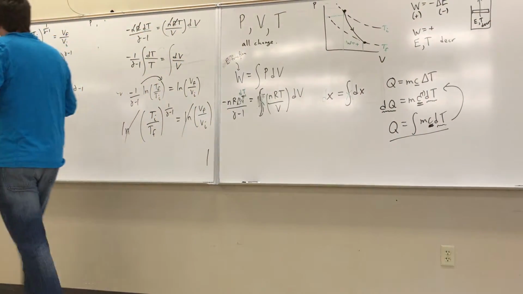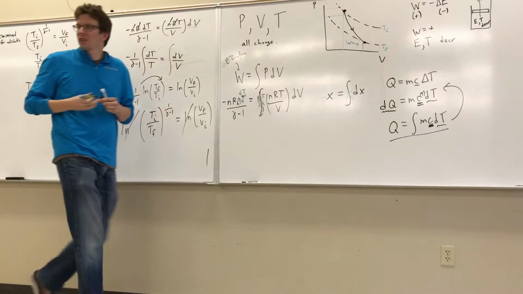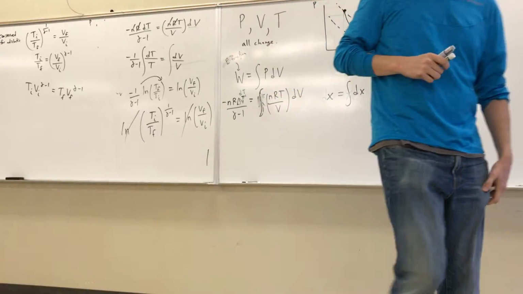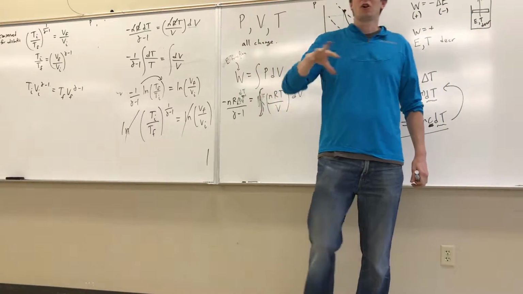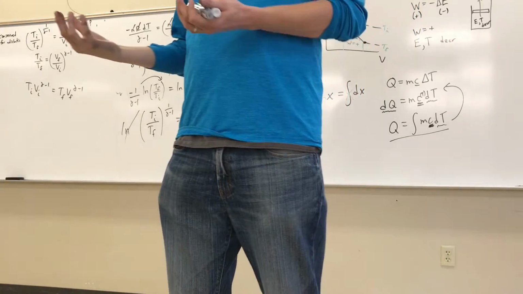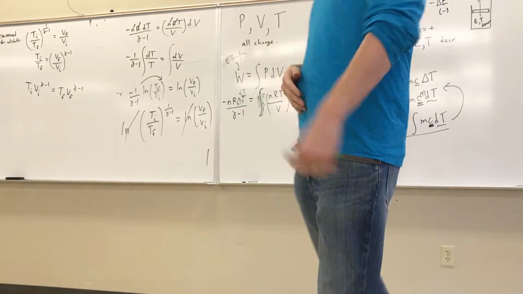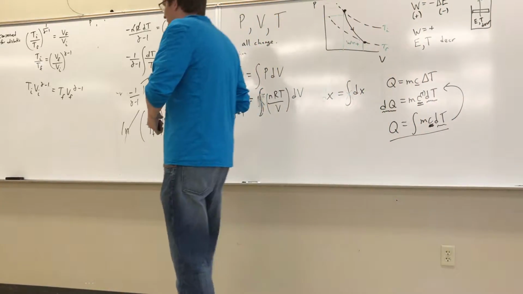Okay? So I've just found out that T V to the gamma minus 1 is conserved for an adiabatic process. So we were looking for something like that. We were looking for some relationship between P, V, and T, even though they're all changing. Can we package them up in some way so that when we undergo an adiabatic process, we can actually say that something is conserved? We've just found that.